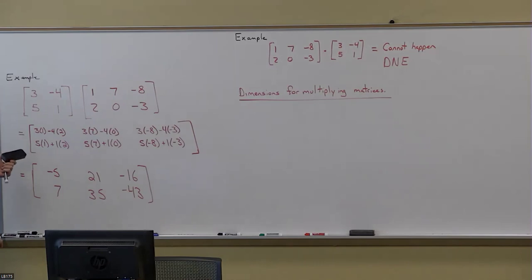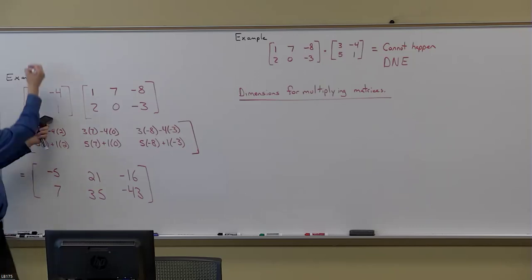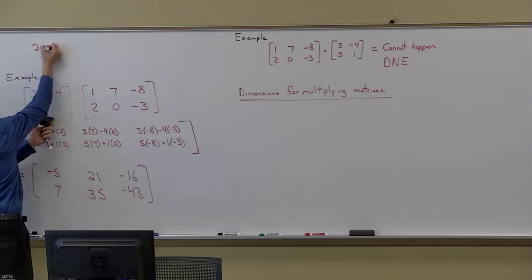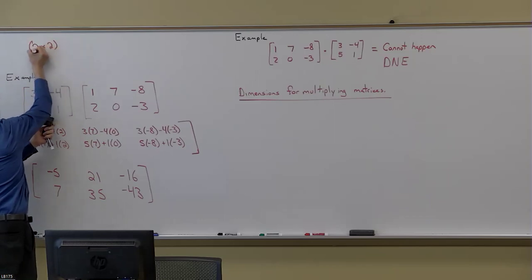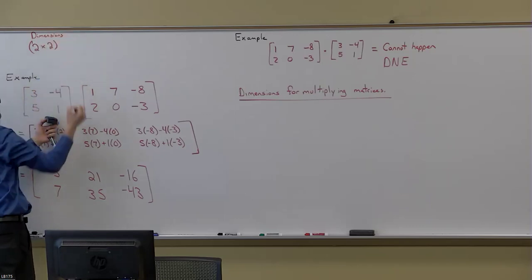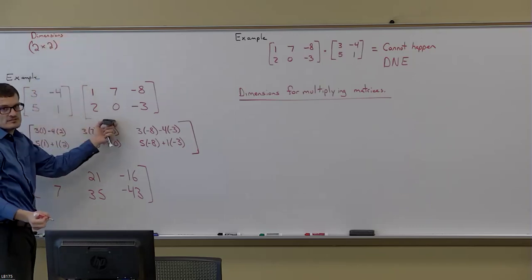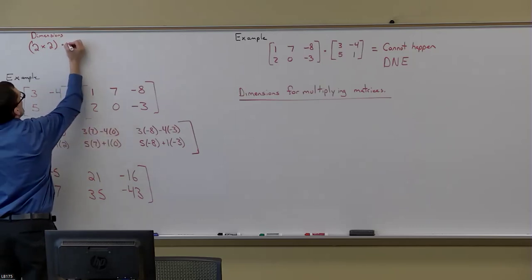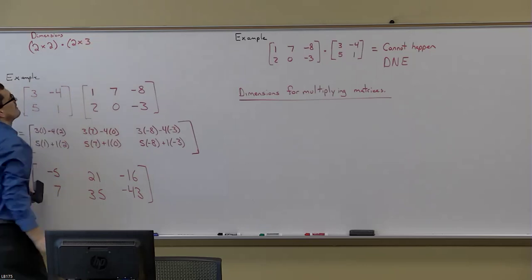But let me take a moment to talk about the dimensions of these matrices. This first matrix was 2 by 2. This second matrix was 2 by 3.